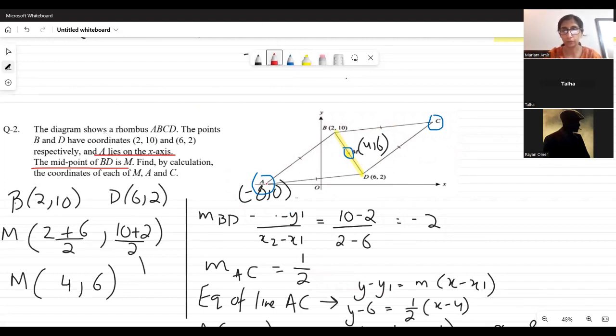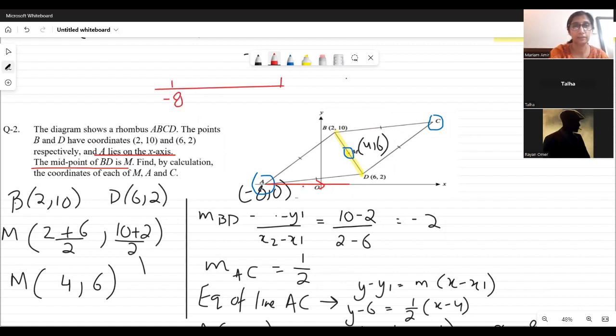So how many units have we gone right over here? Going from A to M, how many units have we moved on the x-axis? From -8 till 4. So how many units to the right? 12.